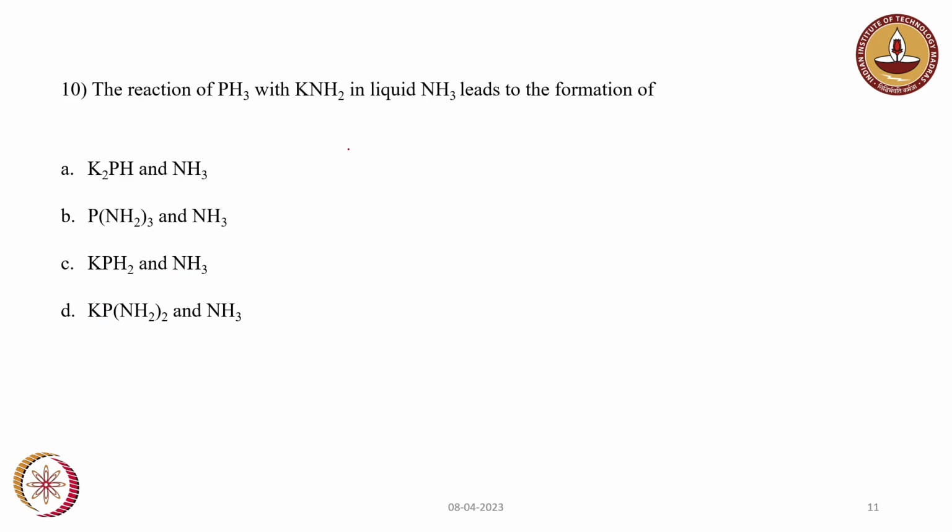So the reaction is PH3 plus KNH2 in liquid ammonia will form KPH2 and NH3.